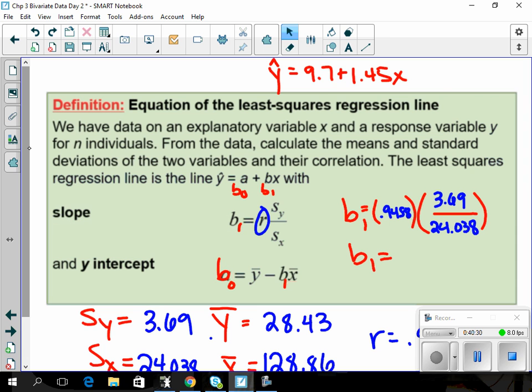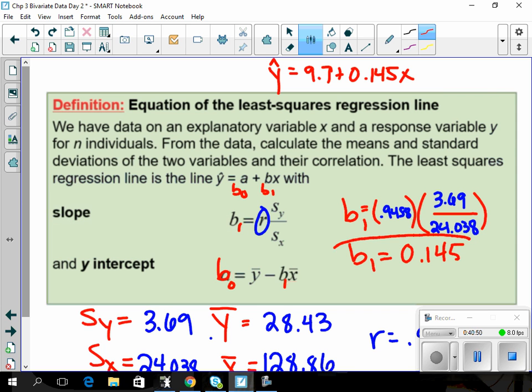Oh, 0.145. Thank you, Brady. So does that give you about 0.145? Why might it not be exact? Rounded. Okay, because we rounded all of those numbers, right? So we just want to make sure we're going to get close to what the calculator gives us.